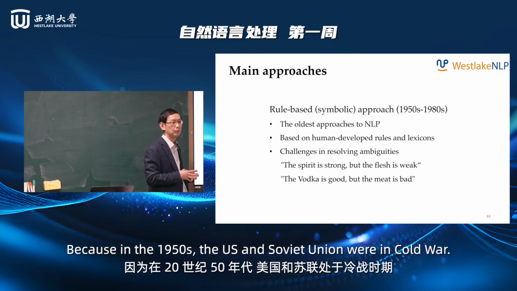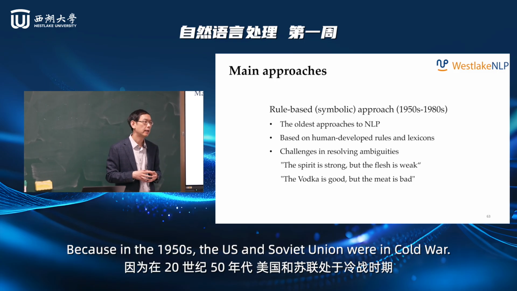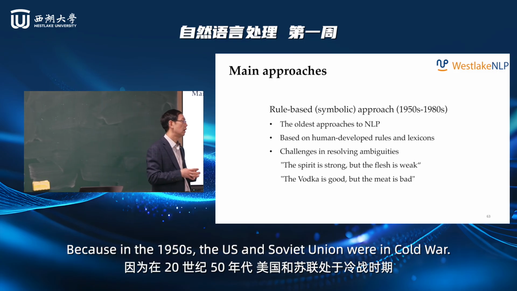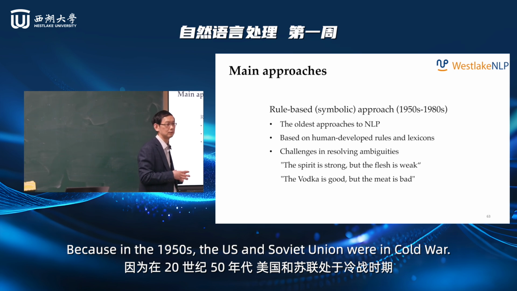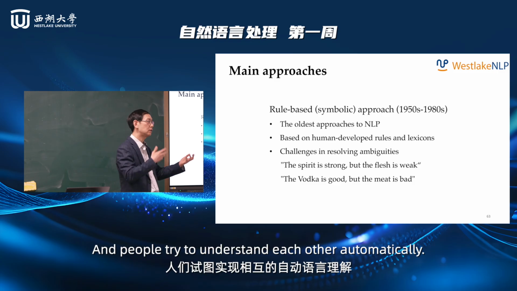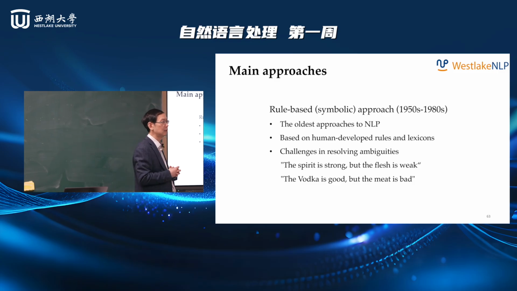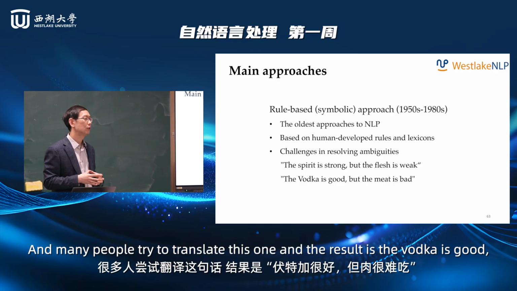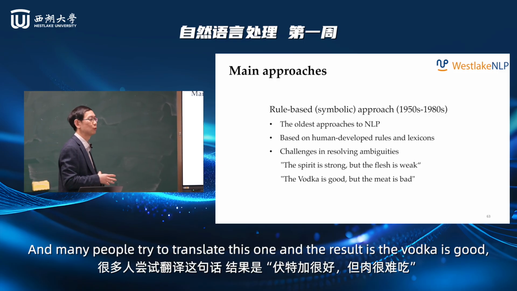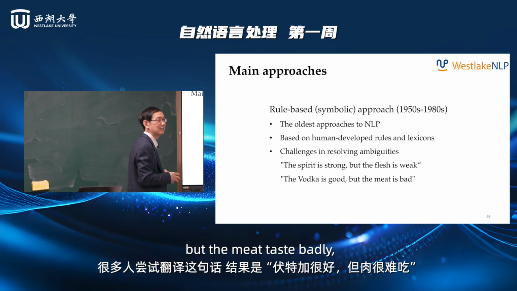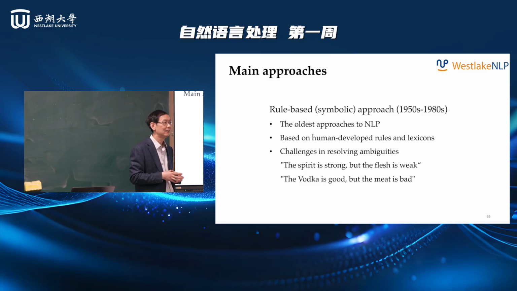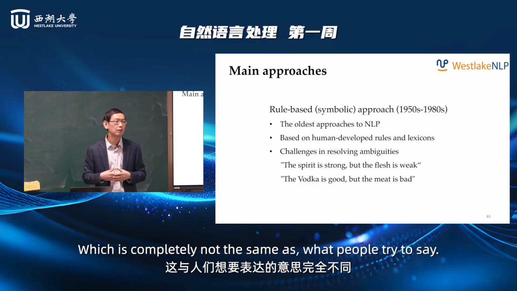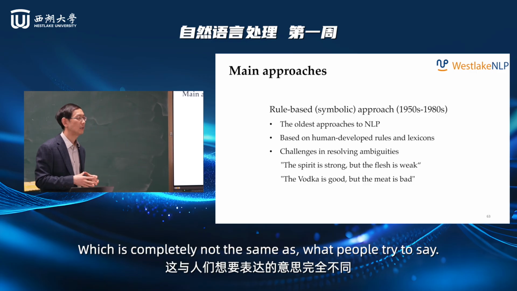Why Russian? Because in the 1950s, the US and the Soviet Union were in the Cold War, okay? And people tried to understand each other automatically, okay? And when people tried to translate this one, the result was "the vodka is good, but the meat tastes bad," okay? Which is completely not the same as what people tried to say.